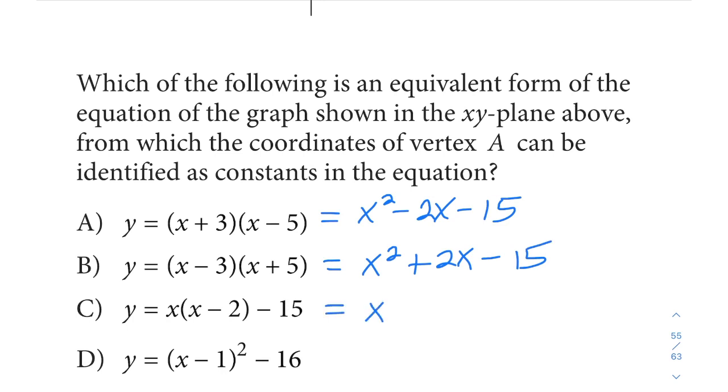And this, when you distribute that x, you'd have x squared minus 2x minus 15. And here, if you FOILed that and then subtracted the 16, you'd have x squared minus 2x minus 15.